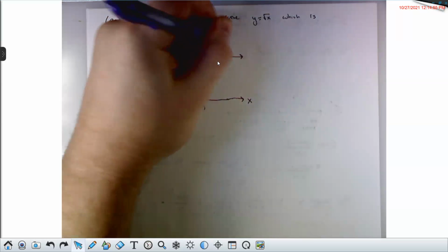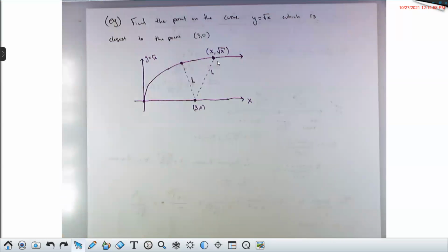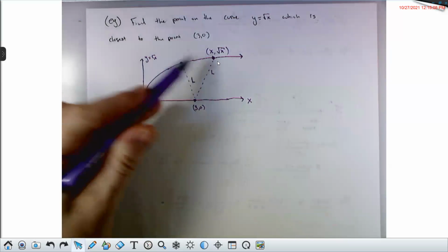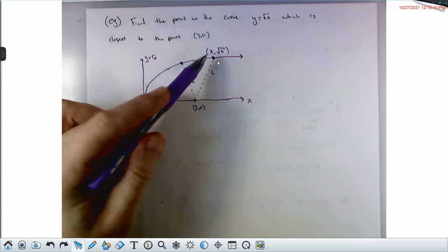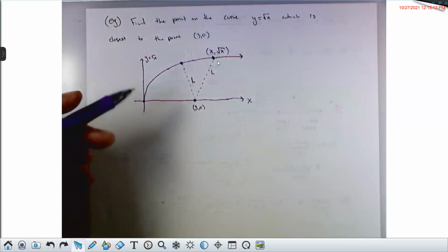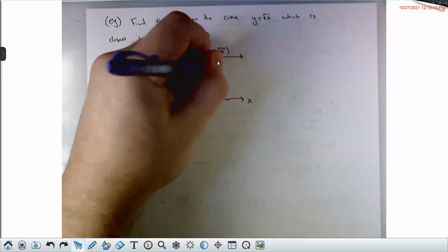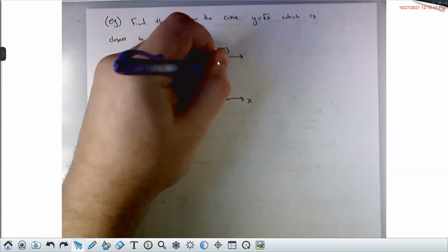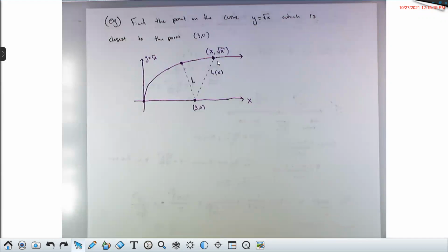So everybody heard what Sarah said there. That's the first critical observation, that any point along the curve y equals f of x is going to be of the form x comma f of x. So here, if I'm along the curve y equals root x, every point along this graph is of the form x comma root x. And what I would like to do is find this distance L as a function of x.